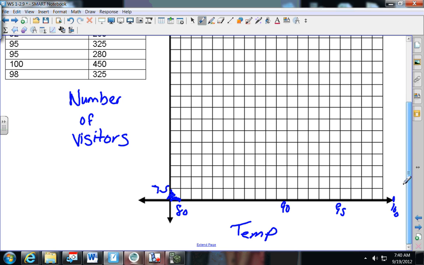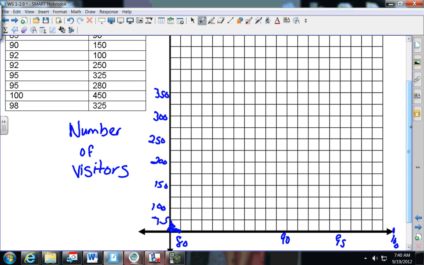Start at 75, 100, 125, 150. Sometimes it's hard to write all those little numbers, so I skip lines and just write every other. 225, 250, 275, 300, 350, 400, 450.